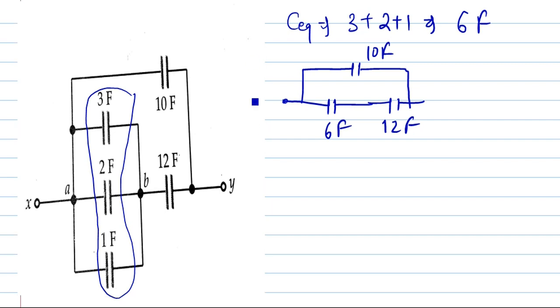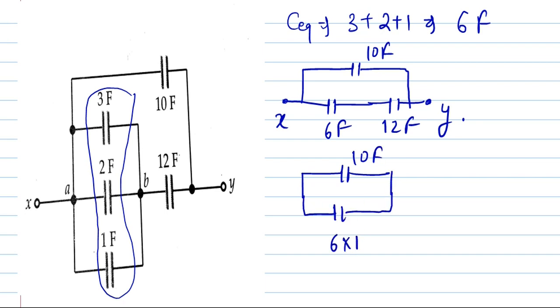So now here we are having X, and this is the terminal Y. So now we can see here 6 and 12 farad are connected in series. So its equivalent will be 6 into 12 upon 6 plus 12. So that will give us 4 farad.